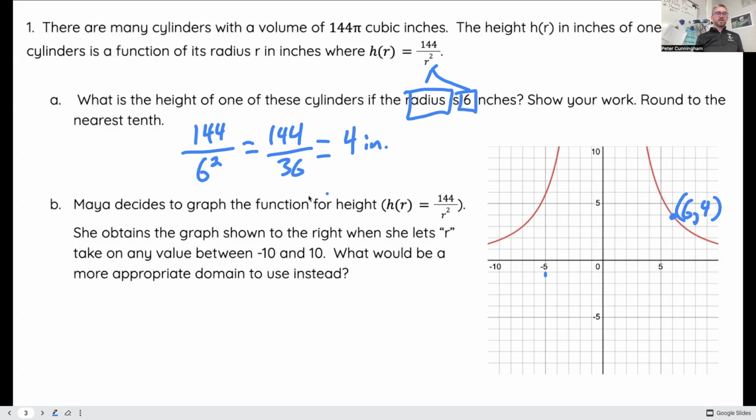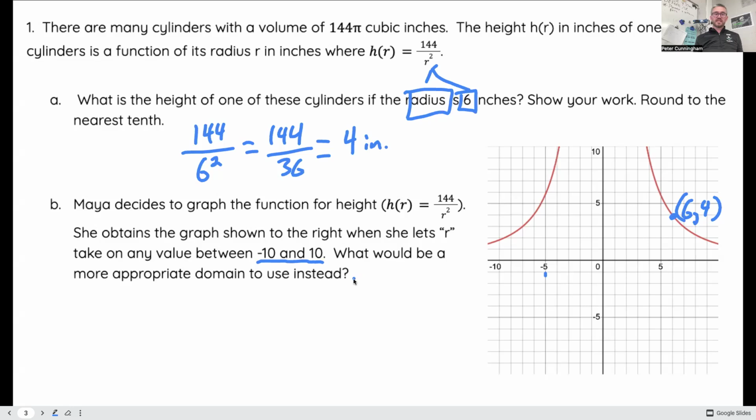Okay. Now let's look at part B of this. Decided to graph this function. So this is just the function that we're looking at, and we're looking at -10 to 10. Now, does it make sense to have a radius of negative for this particular cylinder? Although mathematically the function will still exist, it doesn't make sense to have the radius be a negative number.